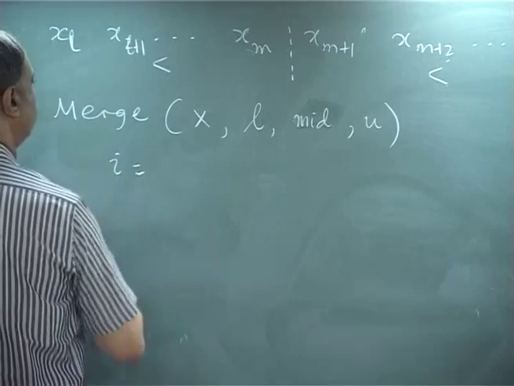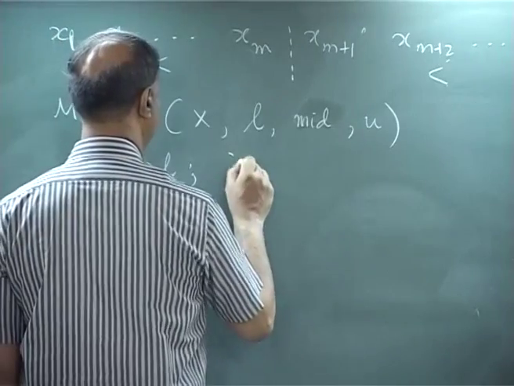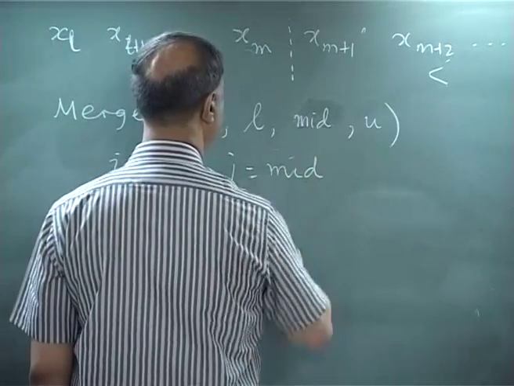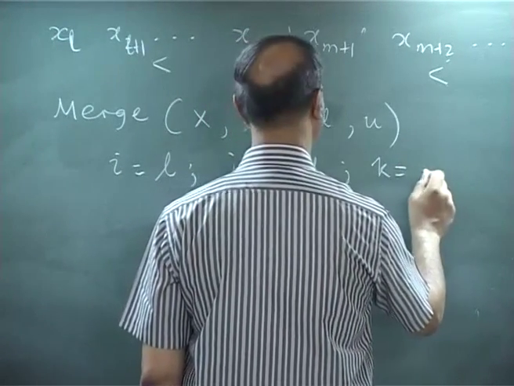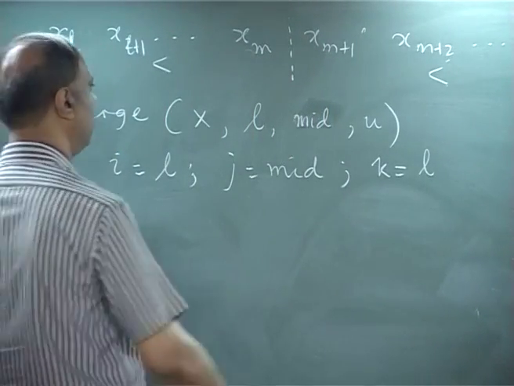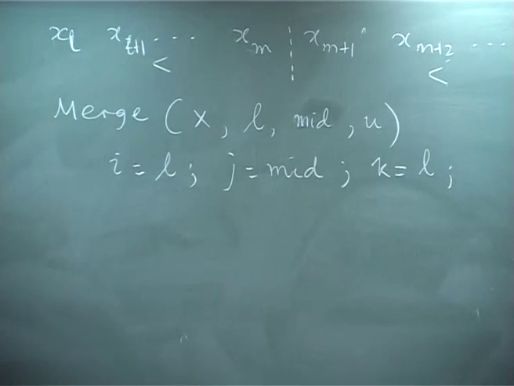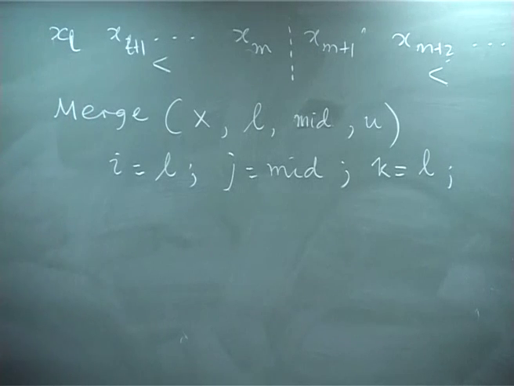I is equal to L, J is equal to mid, and K is the pointer for the merged sequence, which is L. So I will be moving these pointers I, J, and K, and as long as the whole sequence is not yet considered, we have to do these operations.